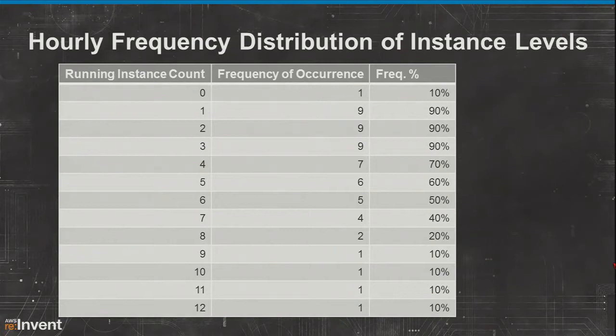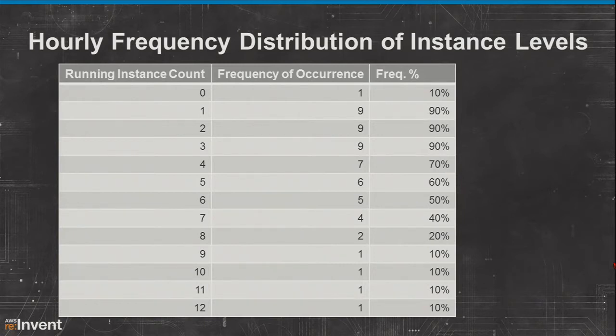So what we want to do with this is break it into an hourly frequency distribution of instance levels. In our software, this is literally what we're doing behind the scenes when we make an RI recommendation: we look at the running instance count that happens every hour and the frequency of occurrence.